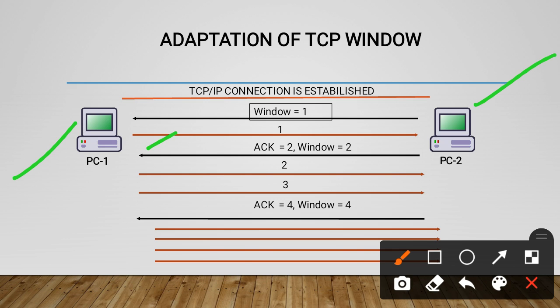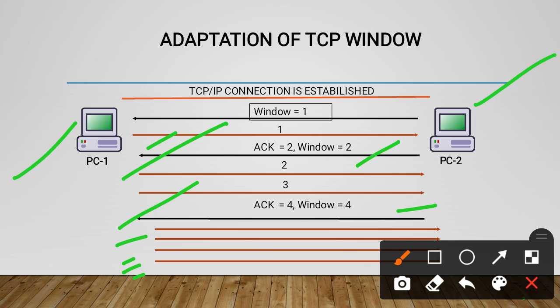After that, the acknowledgement is given for 2 and the window size is 2, so the sender sends 2 and 3, two data, from sender to receiver. After receiving the data, PC2 can acknowledge for the fourth one with a variable size. Suppose the window size is 4, then after receiving the acknowledgement, the sender sends 4 data.